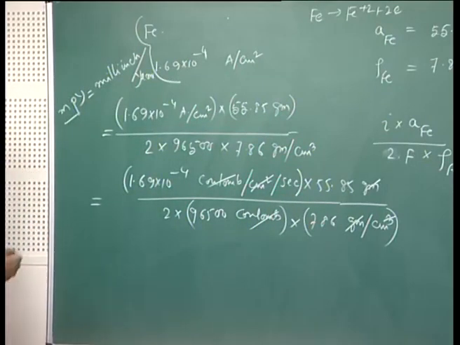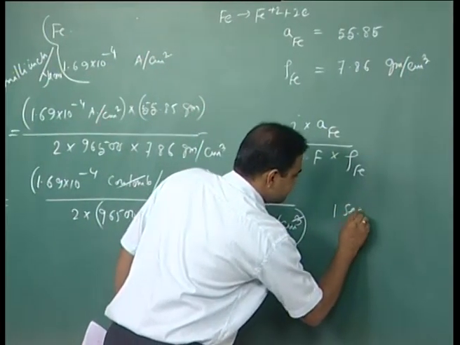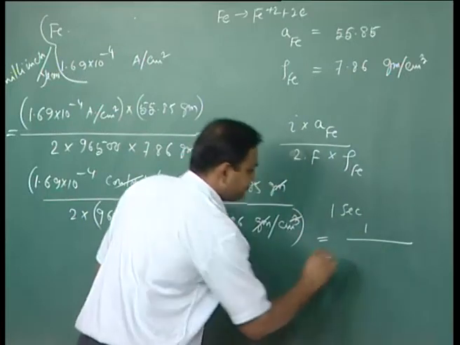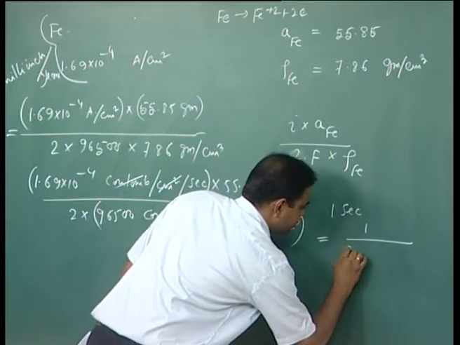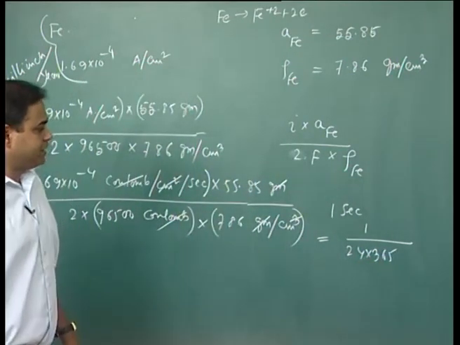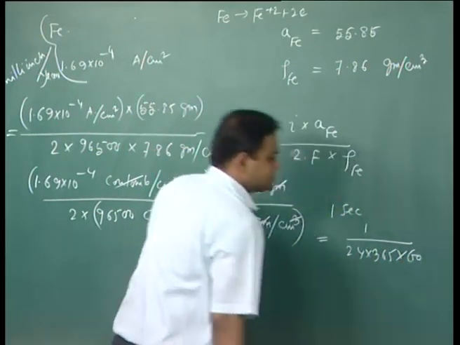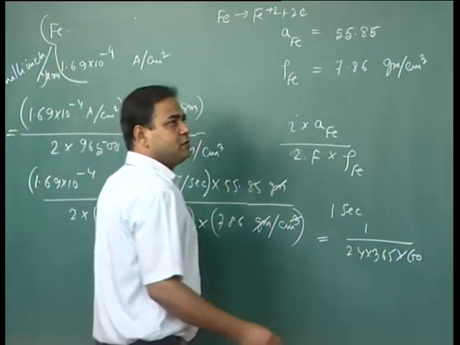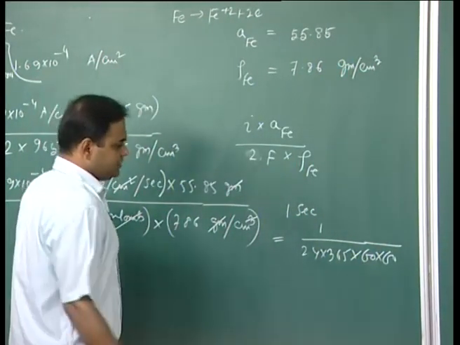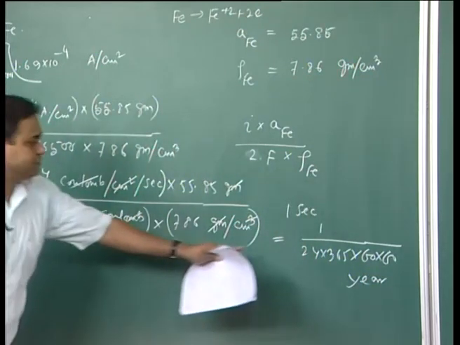Now, second, you convert into year. 1 second would be equal to 1 divided by 24 into 365 days; in 1 day 24 hours, into 60 minutes, into 60 seconds. So, this is the year, and 1 second would be this much here.